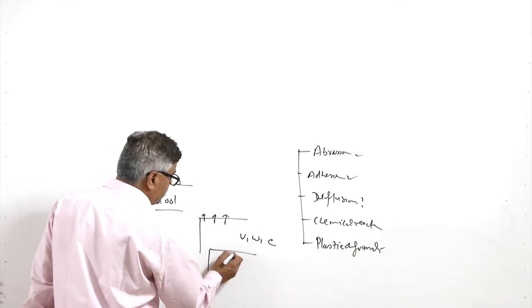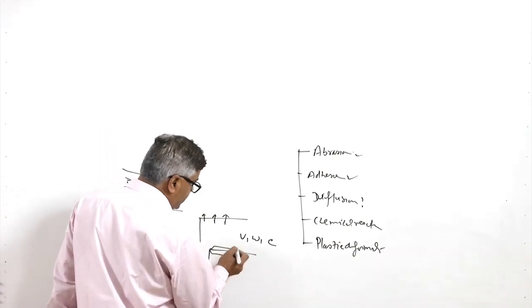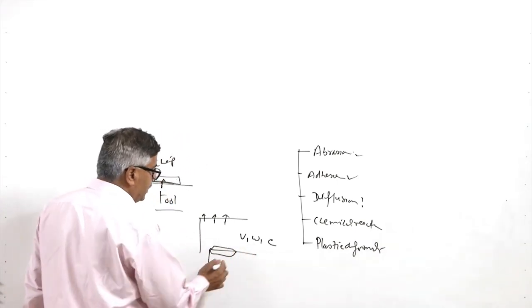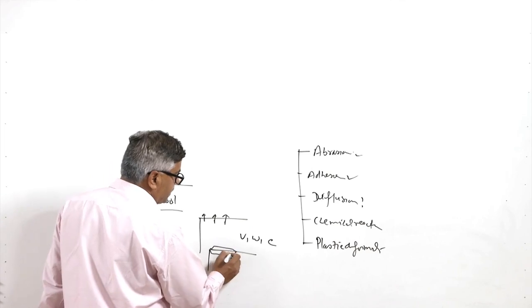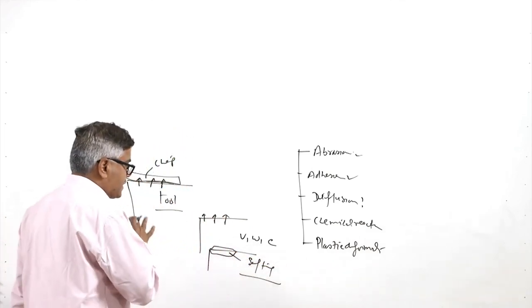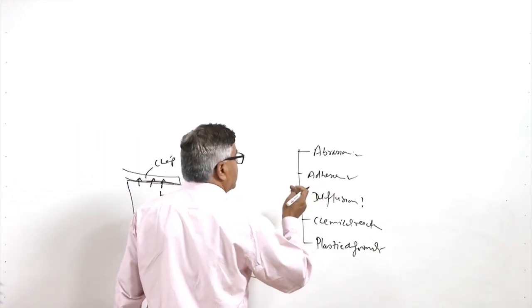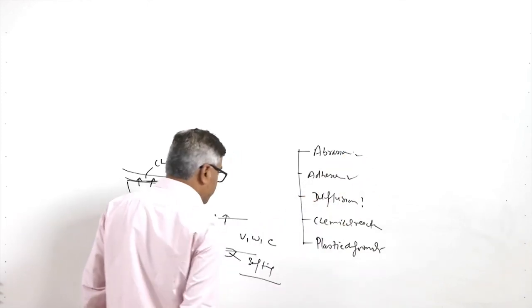This leads to depletion of certain alloying elements near the rake face of the tool, and the loss of alloying elements leads to softening of the rake face surface. This softening ultimately causes increased wear due to adhesion and abrasion.